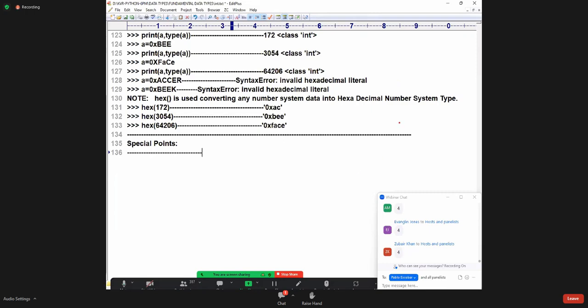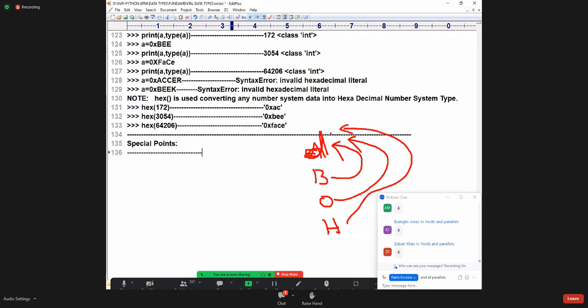Decimal, binary, octal, hexa. Okay. Now my point is all binary values are automatically converted into decimal. And you have already seen decimal data converted to octal, and decimal data also converted to hexa. That you have seen, correct?